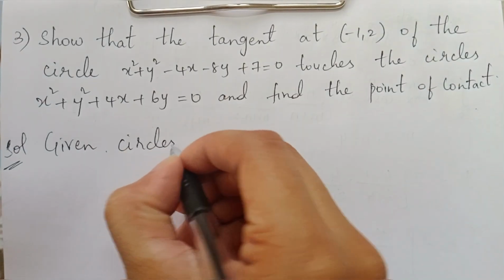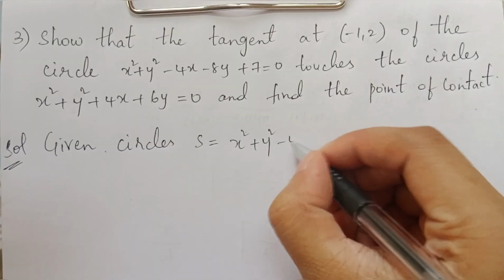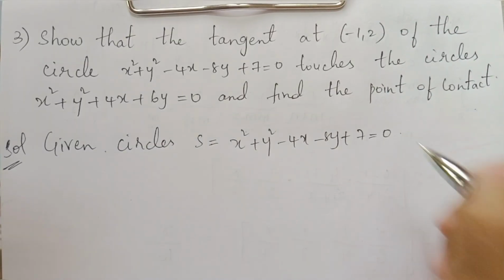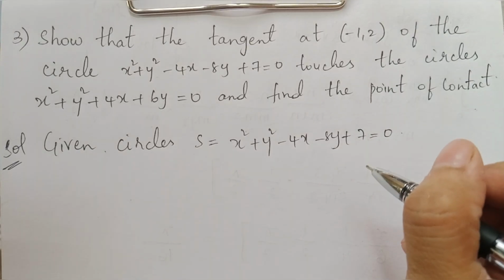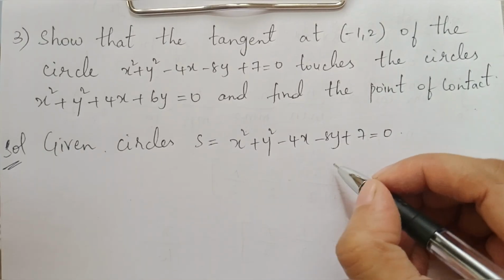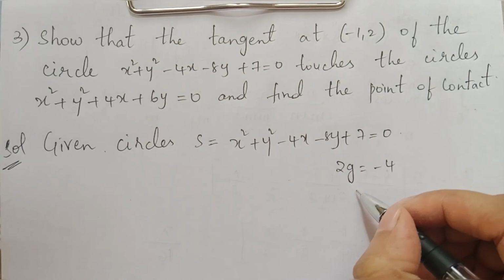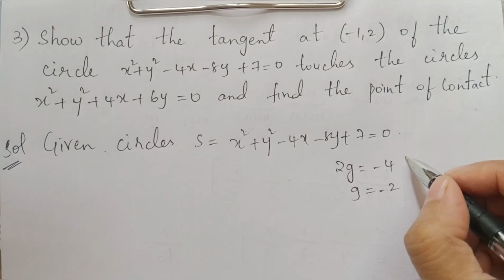Okay, so the given circle S is x² + y² - 4x - 8y + 7 = 0. From here, we'll get the value of g and f. We know that 2g is the coefficient of x, which is -4, so g is -2.